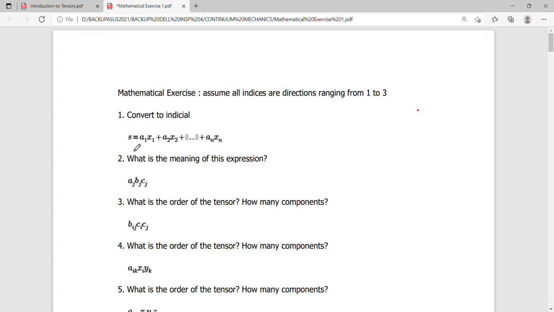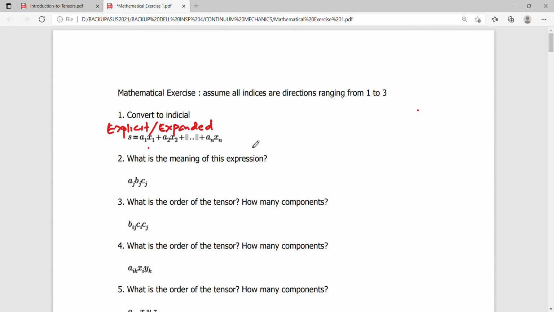Okay, so for the first exercise or problem, we are asked to convert this to explicit or expanded notation. And we know for a fact that when we have a summation series, we learned from the basic rules that we indeed have a repeated index.